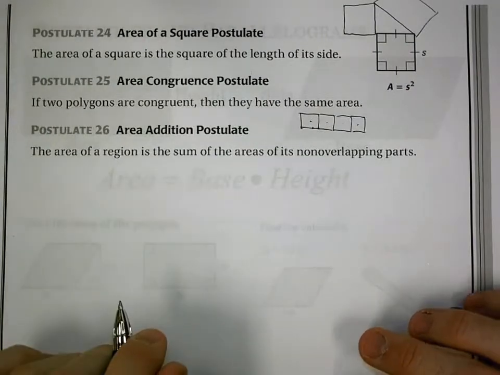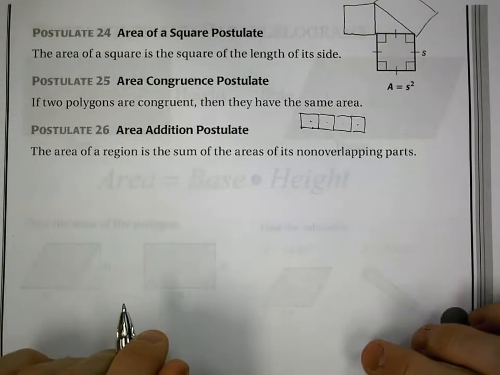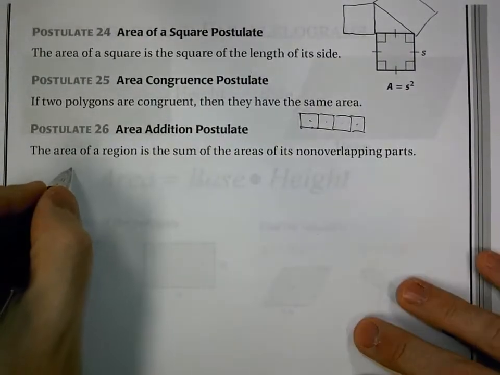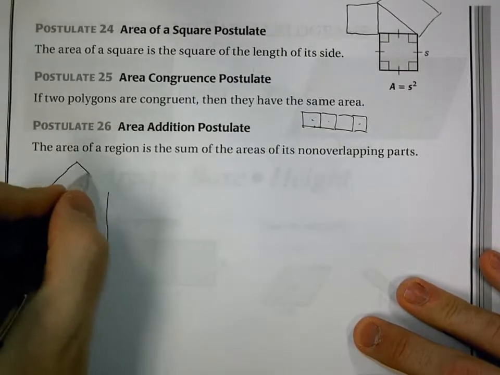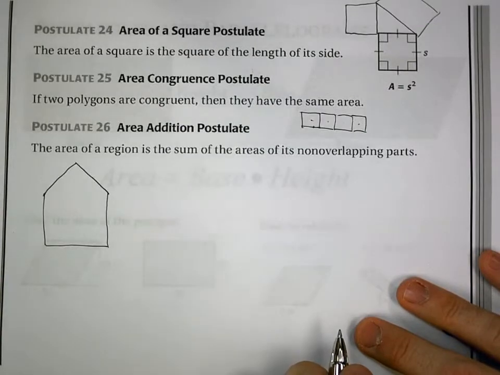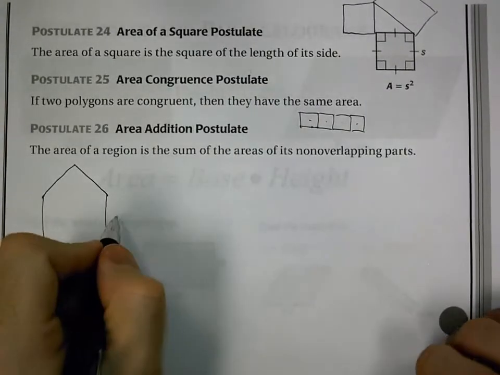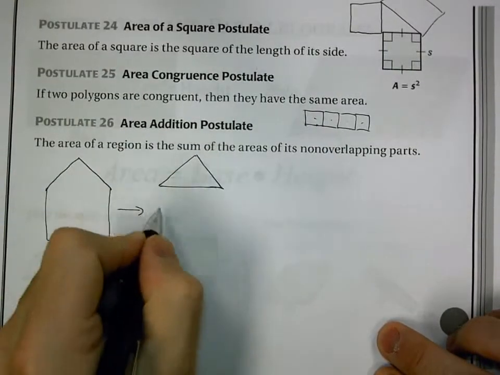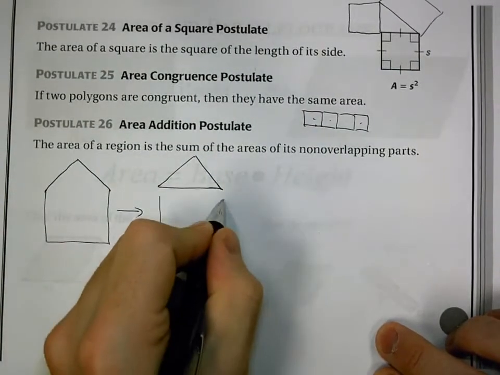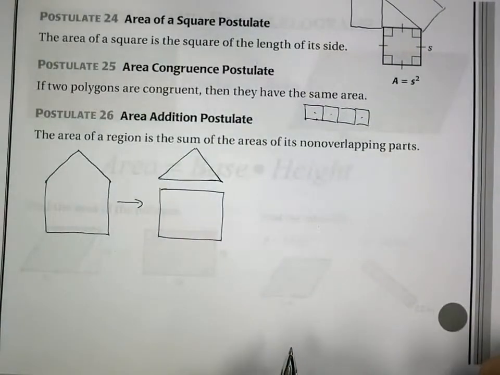Postulate 26 is probably one we'll use more, and that's the area of the region is the sum of the areas of its non-overlapping parts. So let's say I have a shape that looks like this. I'm not going to have a formula for that one, but what I could do is break it up into two parts, such that it's a rectangle and now a triangle.